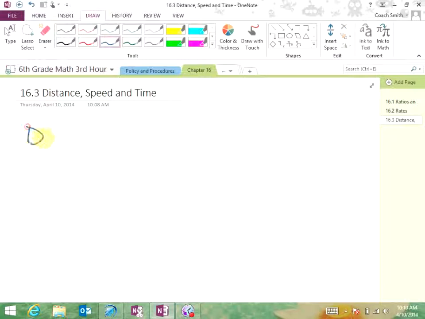First formula is distance equals speed times time. Let me give you an example of that. Let's say we go 60 miles per hour and we travel for 4 hours. How much distance did we cover?